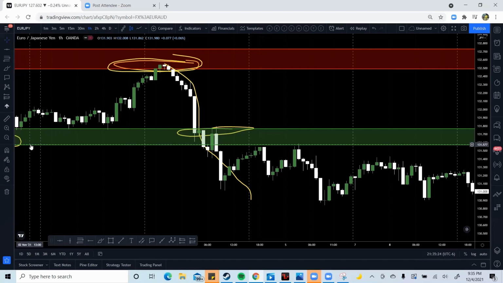One, the bears have already established that area as an area that won't be support anymore. So when it breaks, you think about floors and ceilings, like multi-story buildings. If you were on the second floor and for some reason you fell through the floor onto the first floor, what would become your ceiling after you fell to the first floor?